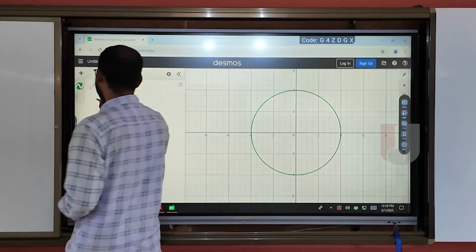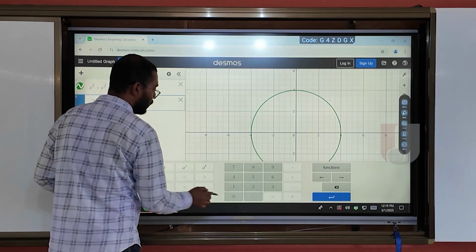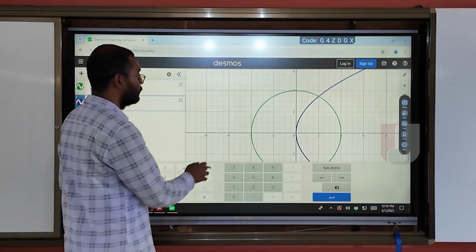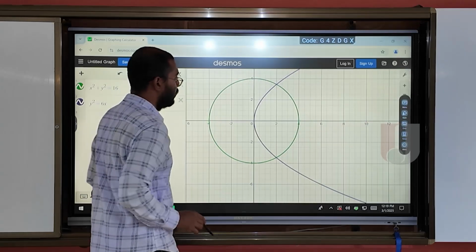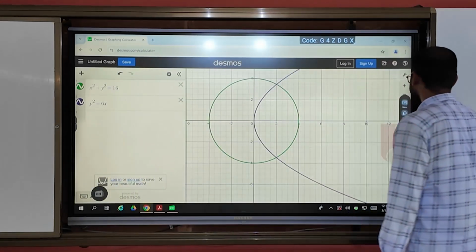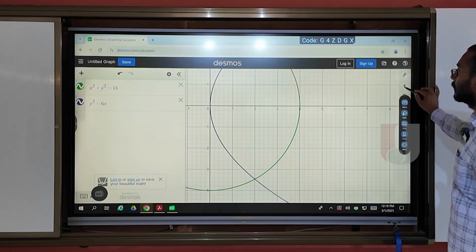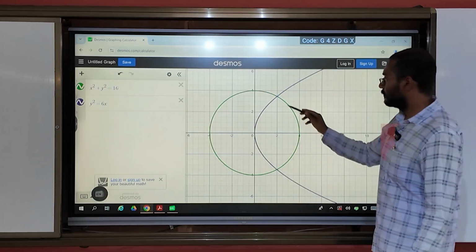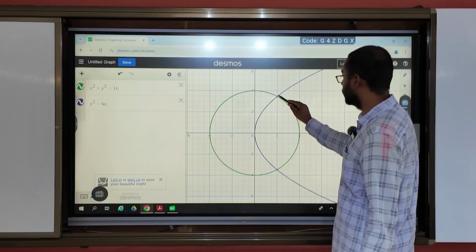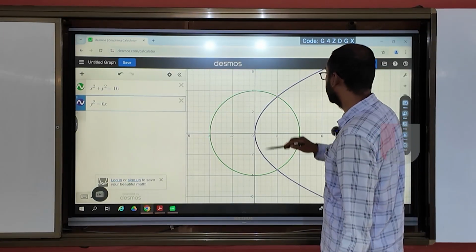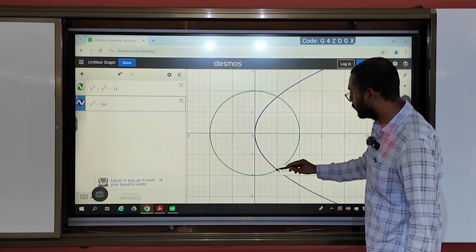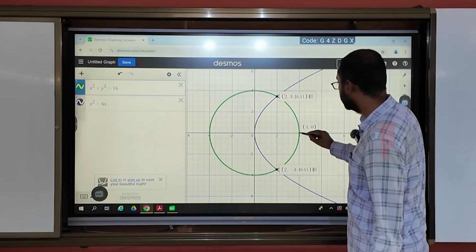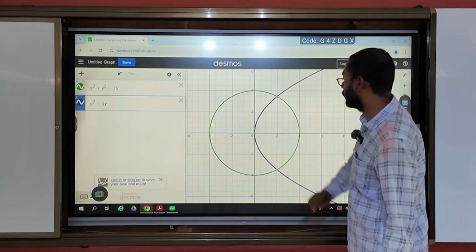Another is y square equal to 6 times x. Now we have to find out the area. The bounded region means that portion.